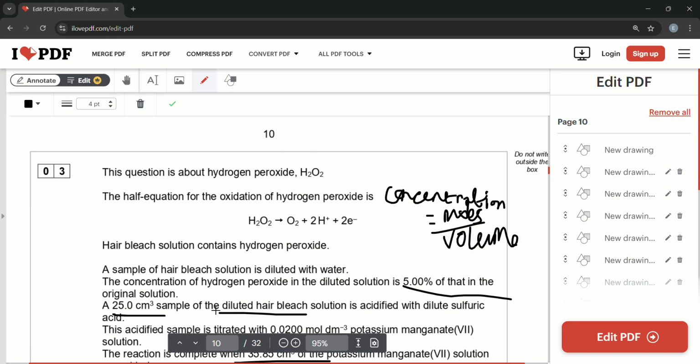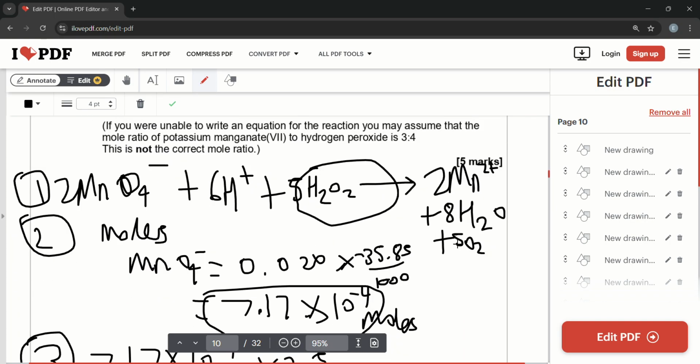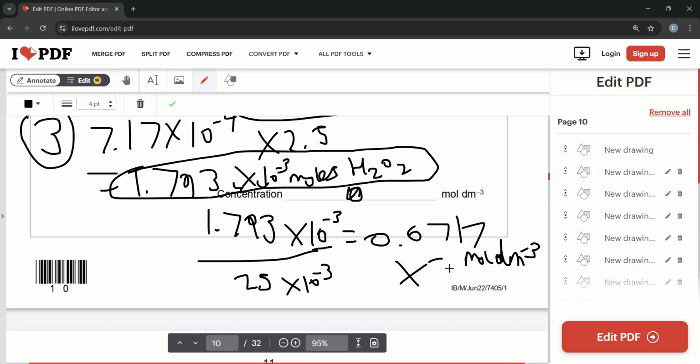So if we want the original solution, it's 5%, so we want the 100%, so we need to times by 20. 0.0717 times 20 gives 1.43 mol per dm cubed.